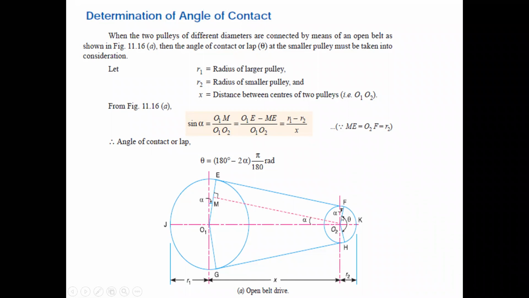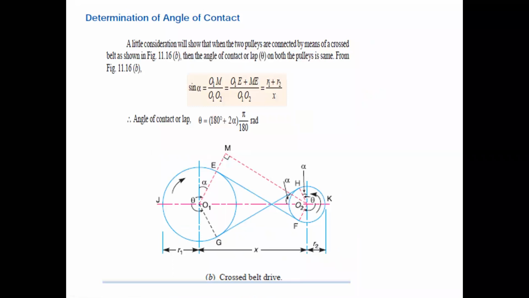The driven pulley theta value is considered as the angle of contact or lap: theta equals 180 minus 2 alpha, and to write it in radians, multiply by pi by 180. Similarly, for the crossed belt drive, the angle of contact is (180 plus 2 alpha) into pi by 180 radians.